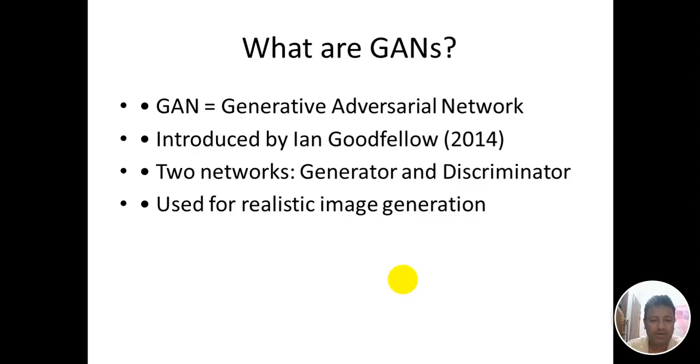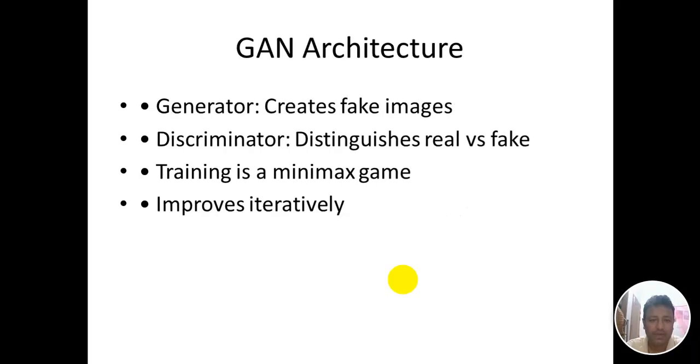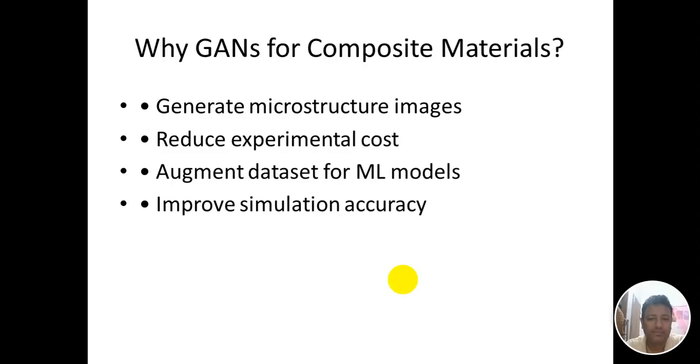The generator creates fake images, and the discriminator distinguishes whether the created images are real or fake. Training is a minimax game, which I will discuss later, and it improves the image quality iteratively.